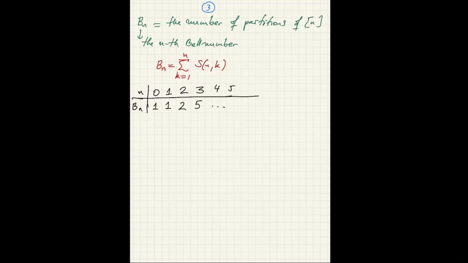Now, there's no nice formula for these Bell numbers, but there is a recurrence relation for the Bell numbers, which I'll prove right now. So proposition.